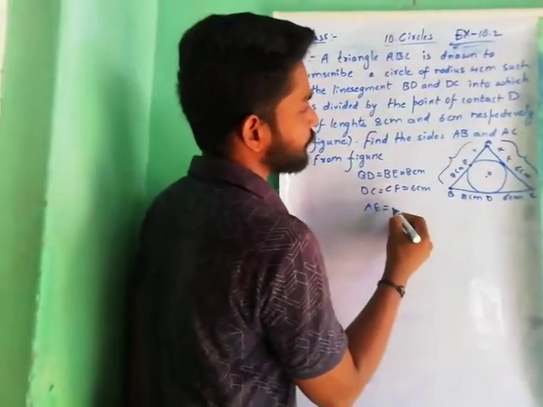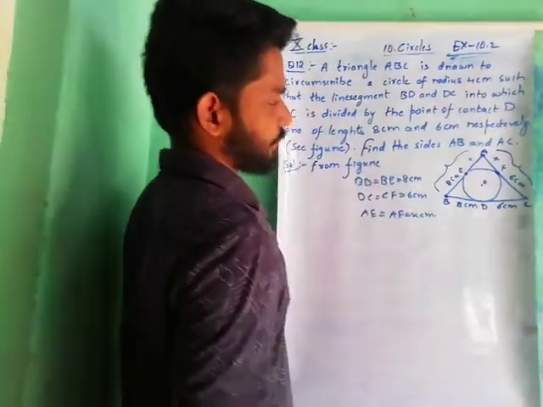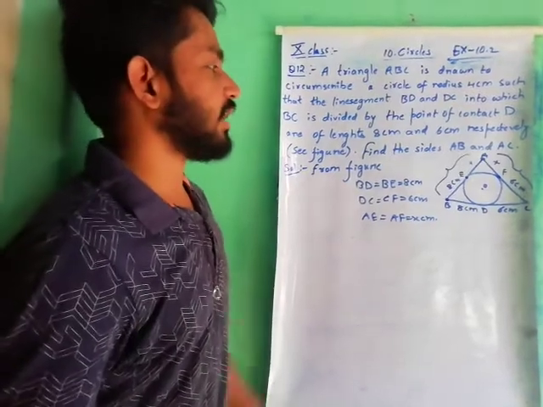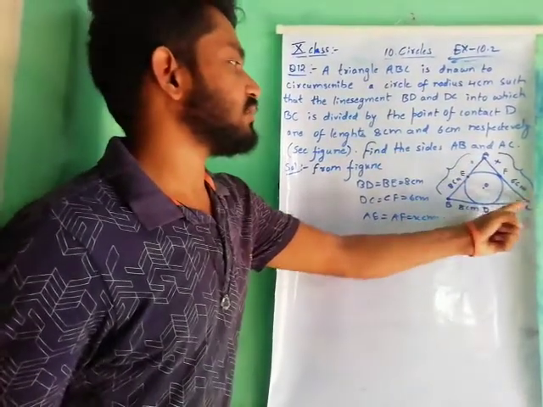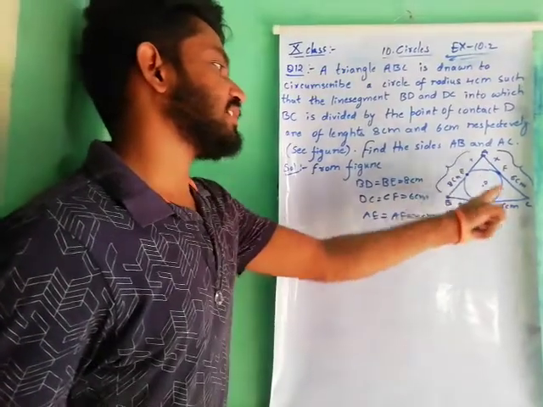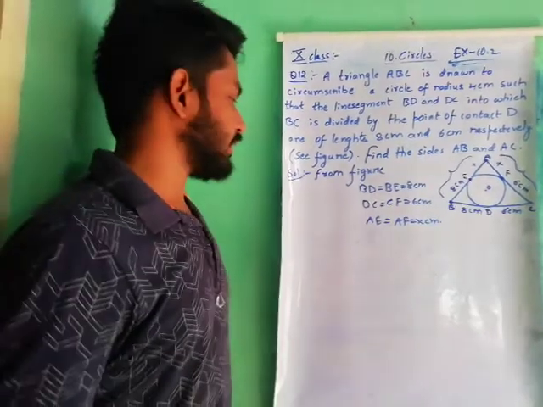AE is equal to AF is equal to x centimeters. Okay. So first I am finding the area of this triangle. So when three sides are known, what is the formula to find the area of a triangle?